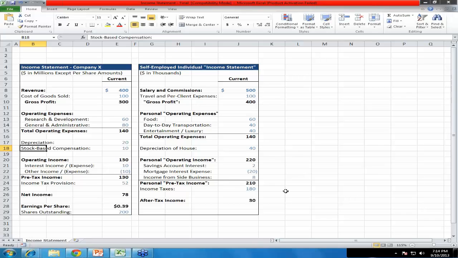Going forward, companies also have a type of expense called stock-based compensation. What that means is when you pay your employees, you may not be paying them a cash salary. Sometimes you may want to pay your employee by giving them some stock in the business itself.